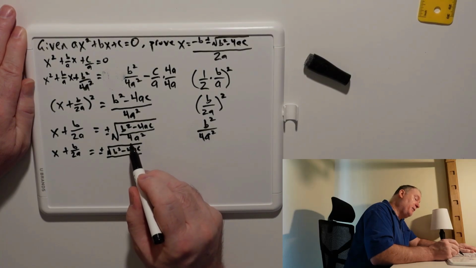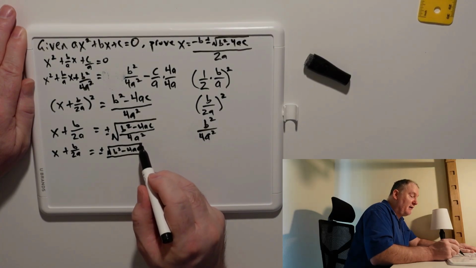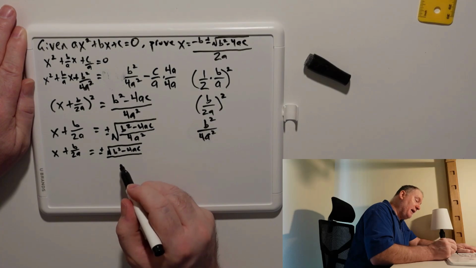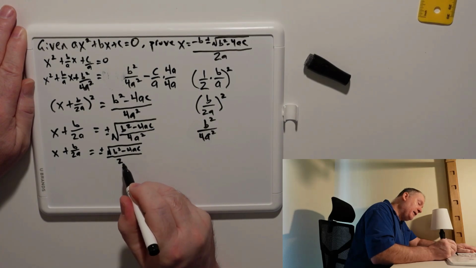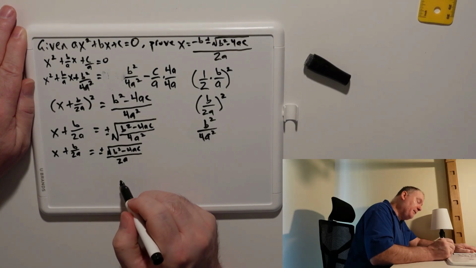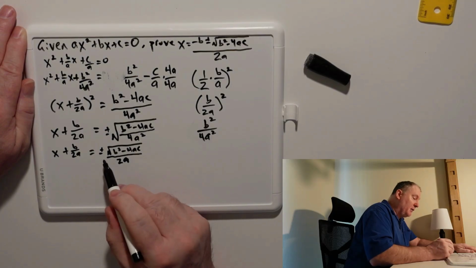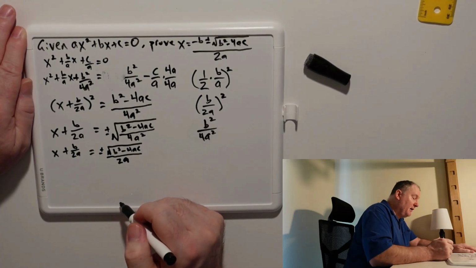It's technically 2 times the absolute value of a, but just plus or minus covers that. So we can just write 2a, and we're covered by the plus or minus.